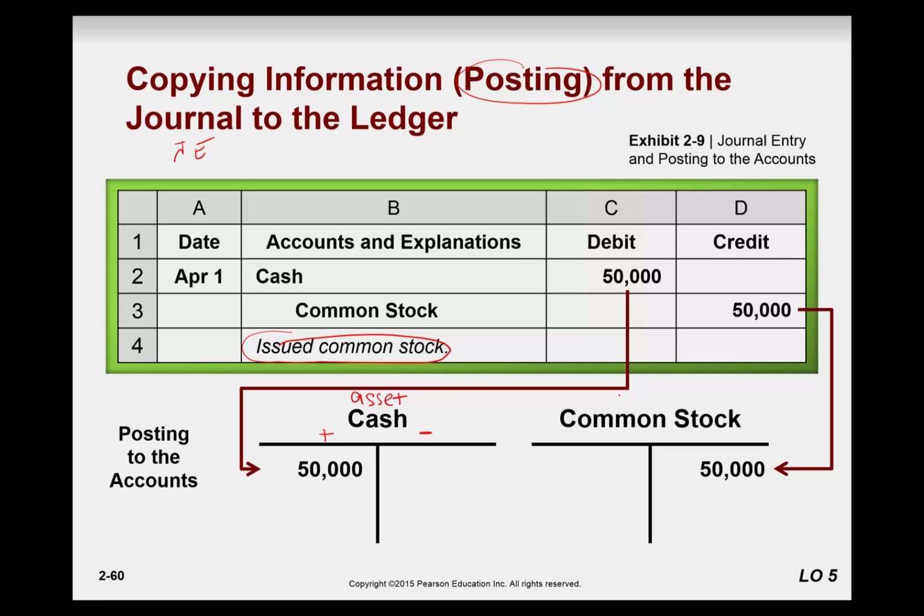And then common stock is an equity account, and that increases on the credit and decreases on the debit. And remember, debits equal credits and assets equal liabilities plus owner's equity. So our asset here is an increase, and our common stock here is an increase, and here is our debit, and here is our credit. And then you see that on there as well.